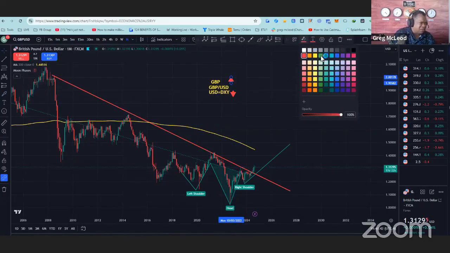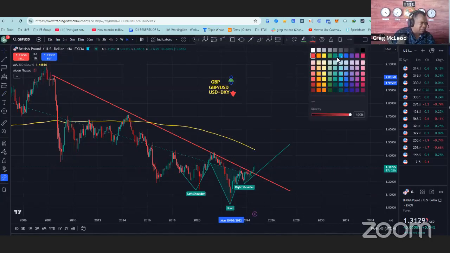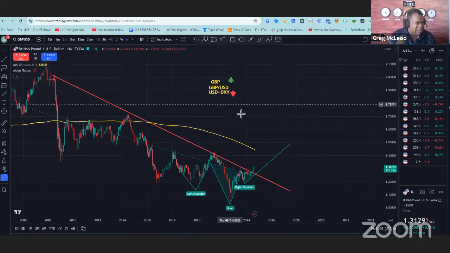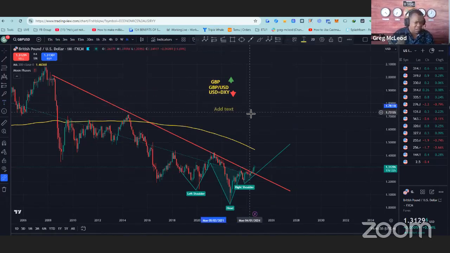That makes sense? Because DXY is heading down. Why? Because of interest rates. Interest rates are falling equals falling USD and DXY.